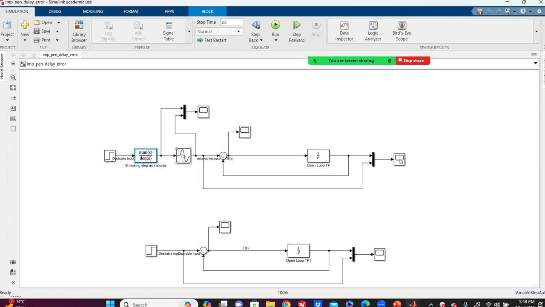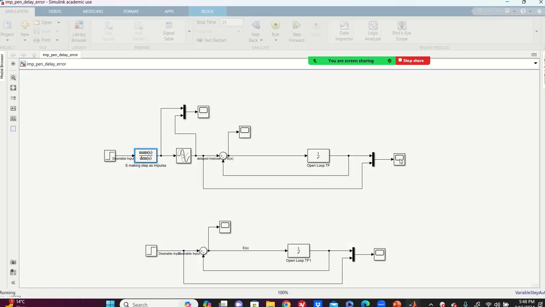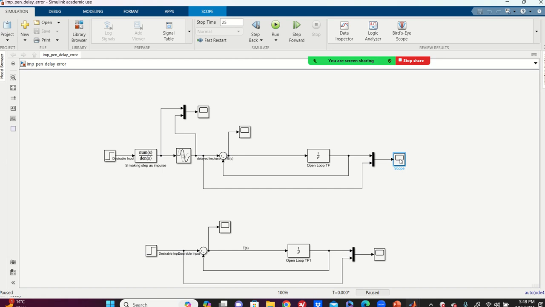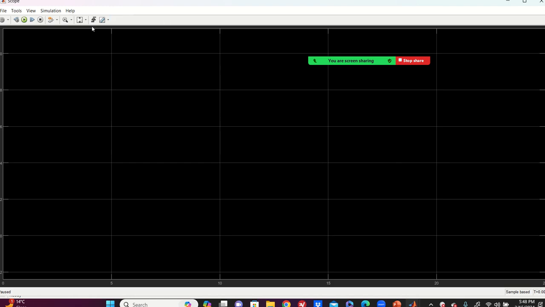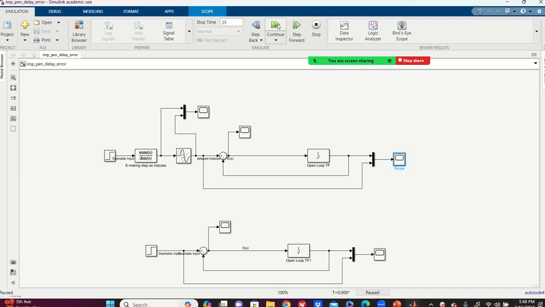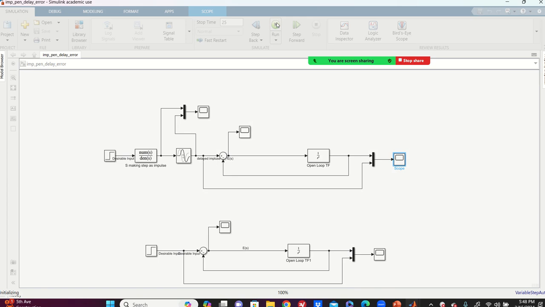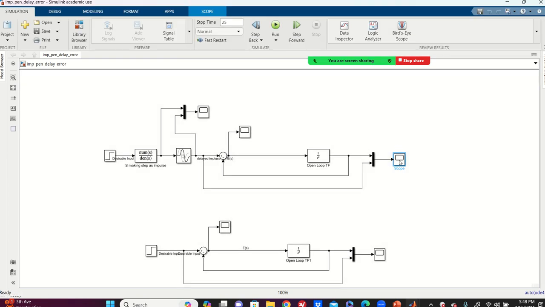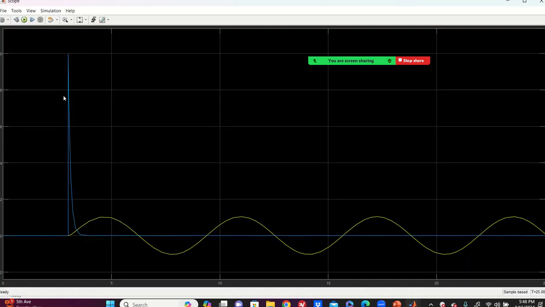So you see that. Okay, see that this is the impulse we created from the step, and then this is the sine.